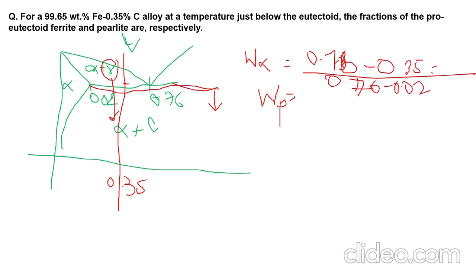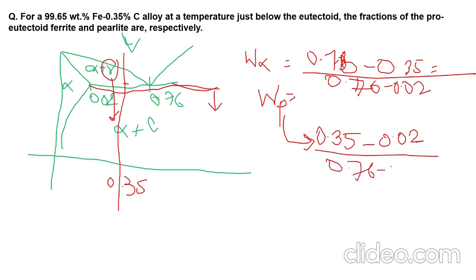This is the value of your alpha, and for pearlite the value will be 0.35 minus 0.02 divided by 0.76 minus 0.02. Okay, so you can find the values. What is the value for the proeutectoid ferrite? 55%, and the rest, 45%, will be pearlite.